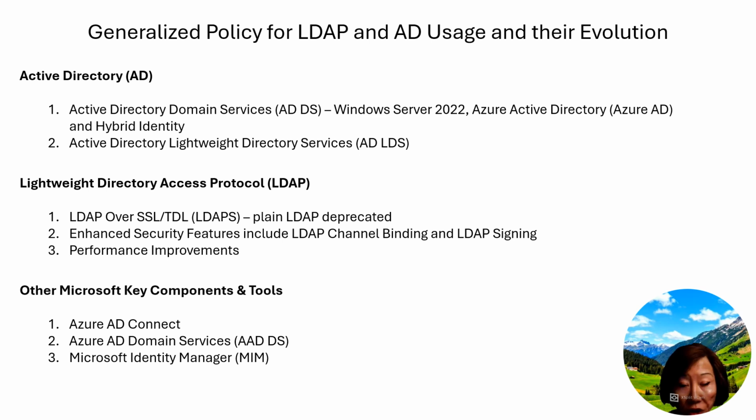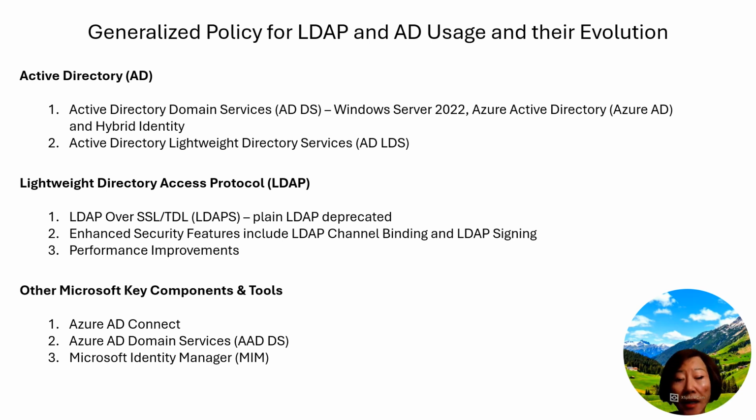LDAP-S, which stands for LDAP over SSL/TLS. Microsoft has been emphasizing the importance of securing LDAP traffic. LDAP-S is LDAP over SSL, secure socket layer, and TLS, transport layer security, which encrypts the data transmitted between the client and the server.